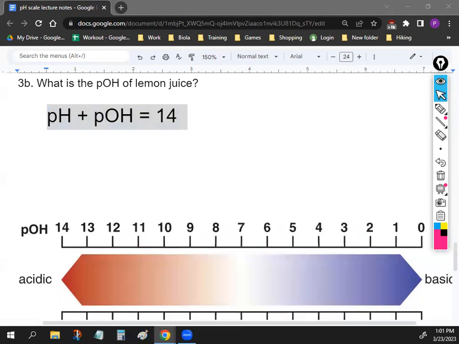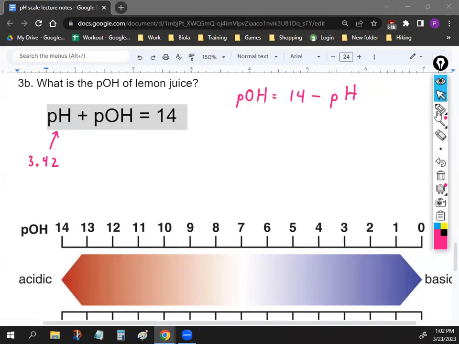And so what that means is if you have pH, so earlier we said pH for lemon juice is 3.42, it's super duper easy to find the other one, pOH. All we have to do is do 14 minus pH, and that's going to give us pOH. So it's an even easier calculation now.